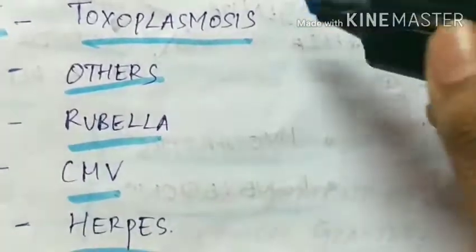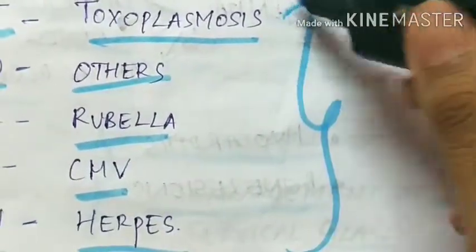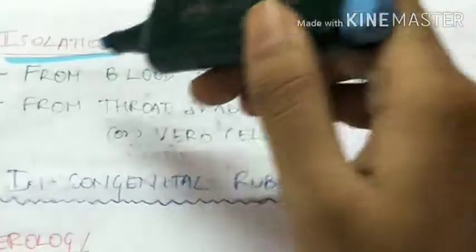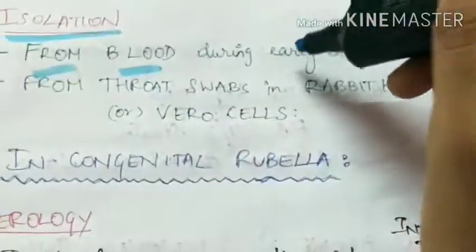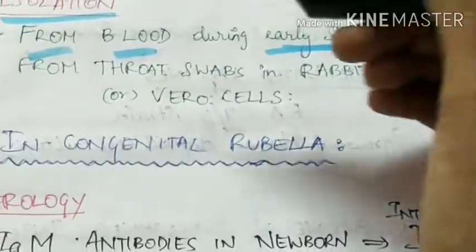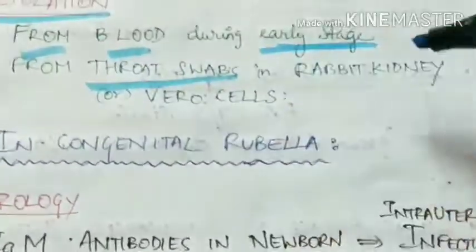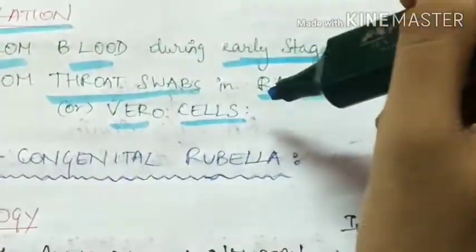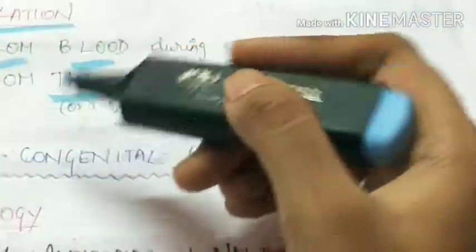So, pregnant women are screened for TORCH infections. The next method is viral isolation. Isolation is performed from blood during the early stage of the disease and from the throat swabs in rabbit kidney or Vero cell cultures.